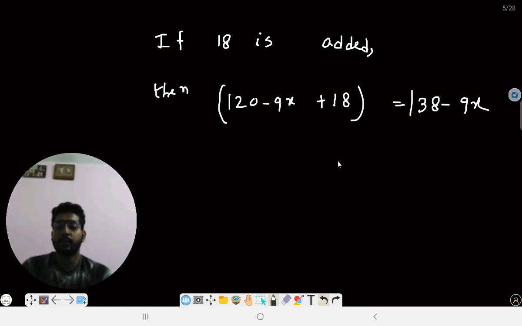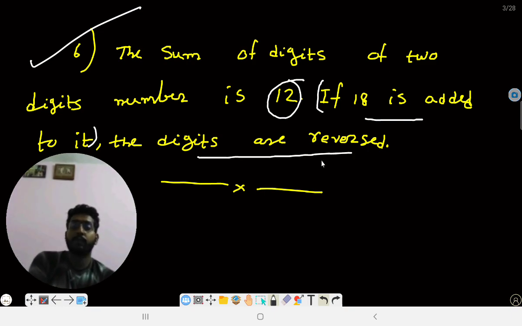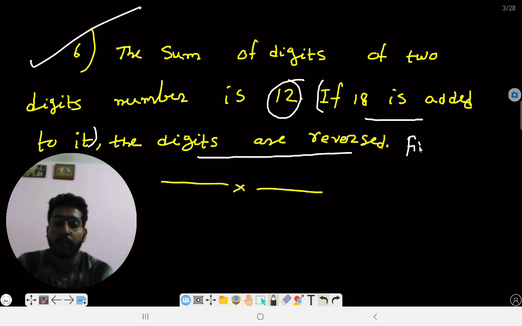Now what is given? If 18 is added, the digits are reversed. You have to find the number.